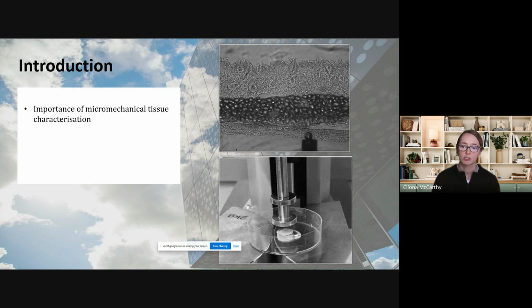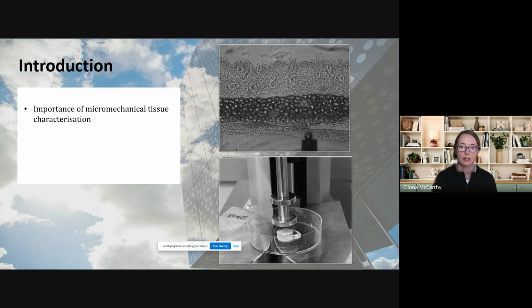You'll see in the images on screen, on the top right image, a microscale mechanical profile. You can see the tip of the indenter in the bottom right hand of that picture indenting on porcine colonic tissue, and you can see very distinctly the different layers of the tissue. And in the bottom picture, you see our macro scale representation of macro mechanical compression testing.